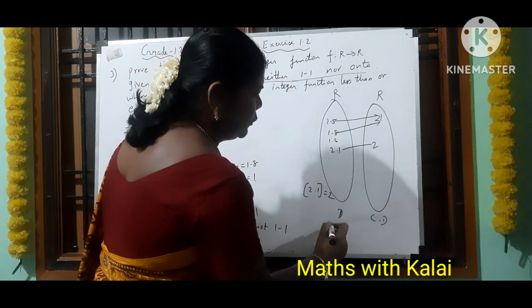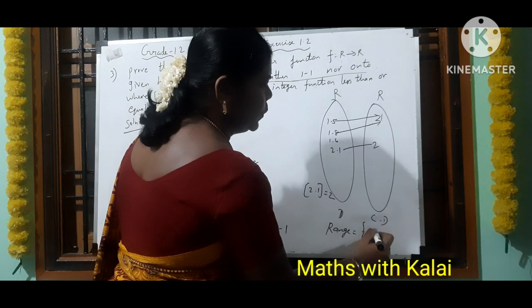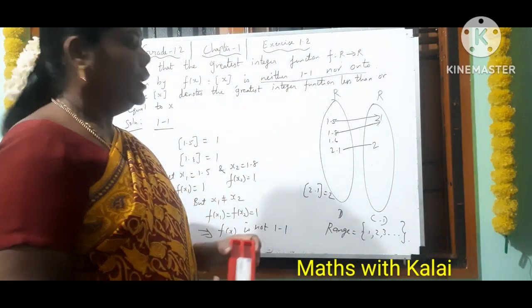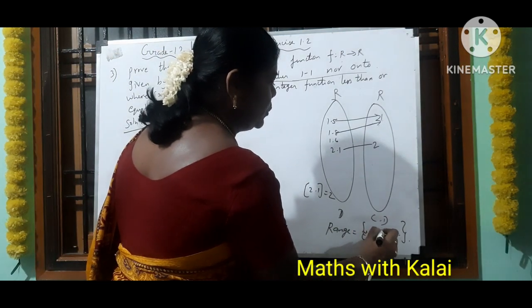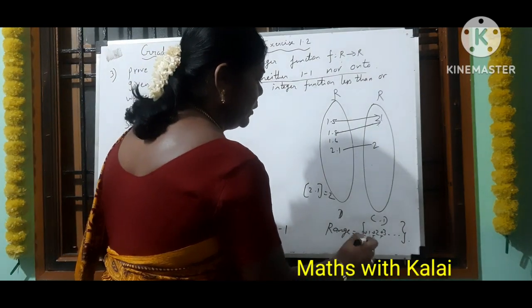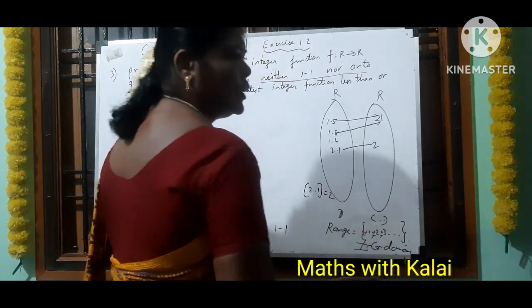So if I collect the range, it is going to be the values 1, 2, 3, and so on, otherwise minus 1, minus 2, like that you will get. So plus or minus 1, plus or minus 2, plus or minus 3, this is how your range will be, but it is not equal to the codomain. Since the range is not equal to the codomain, the function is not onto.